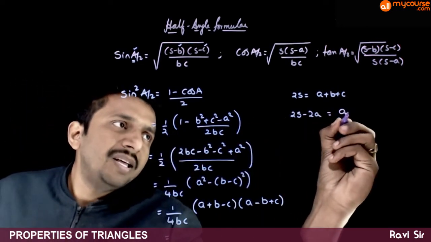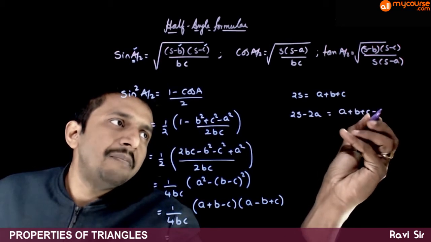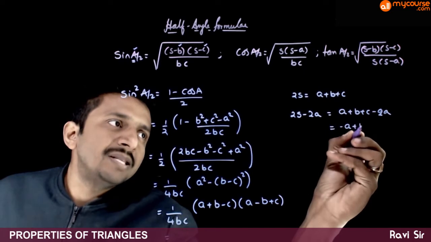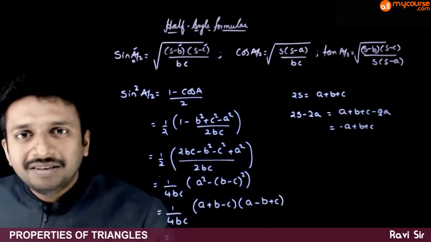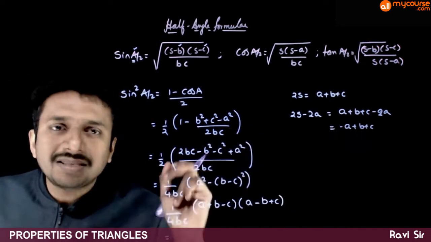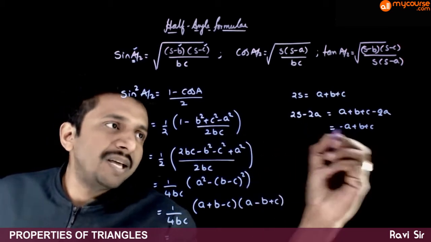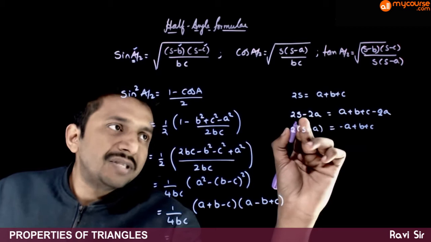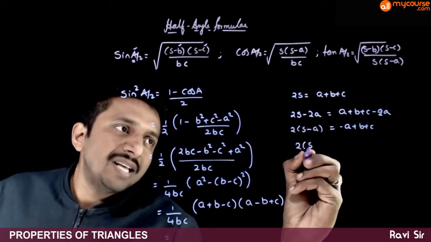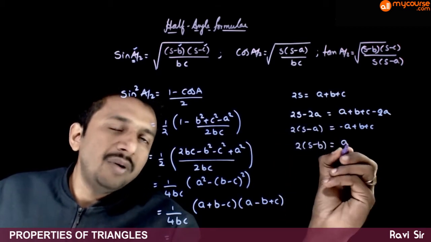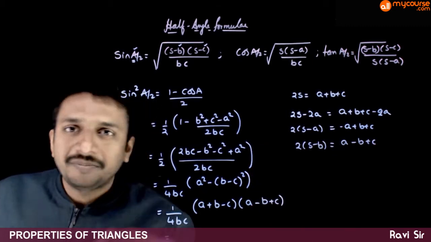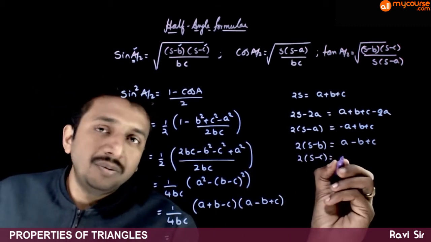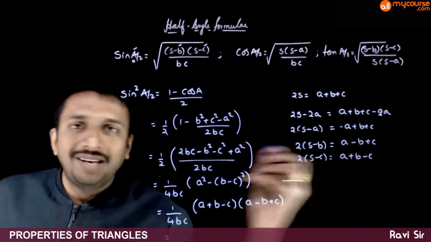It is nothing but A plus B plus C minus 2A, that is minus A plus B plus C. So B plus C minus A is nothing but 2 times S minus A. Similarly, if you subtract 2B, 2 times S minus B will be equal to A minus B plus C. And 2 times S minus C is equal to A plus B minus C.